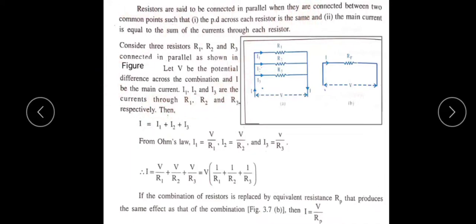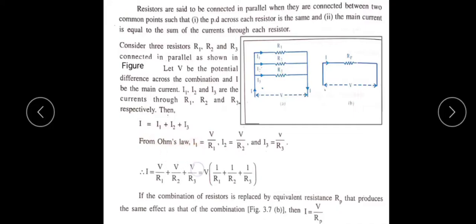As in the given figure, the total current I is divided into I1, I2, I3, the currents passing through the resistors R1, R2, R3. After this, the currents I1, I2, I3 combine to become I. That's why I is equal to I1 plus I2 plus I3.